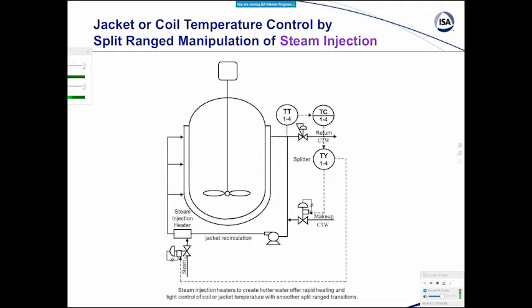So stiction is very problematic at a split range point. So you want to make sure that's not an issue here in general, and for all split range control systems, no matter what type of control loop you're talking about. Minimize the stiction near the closed position.